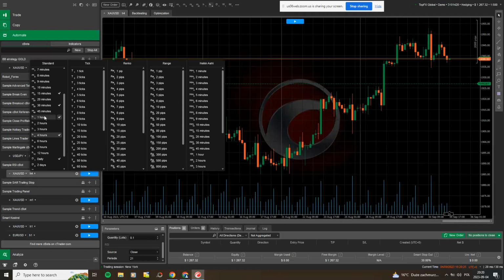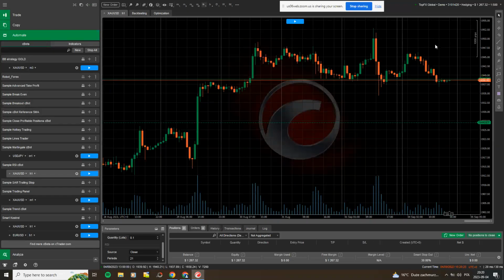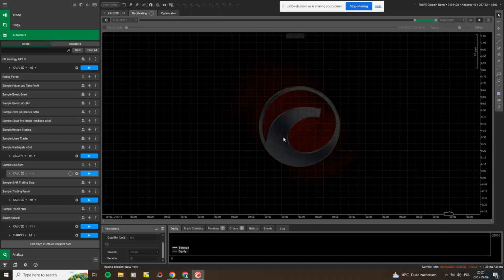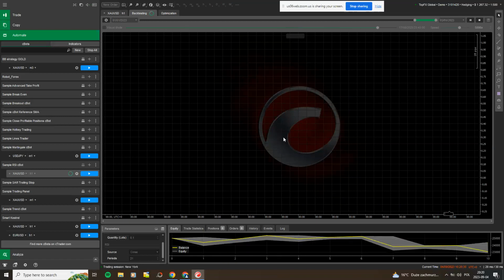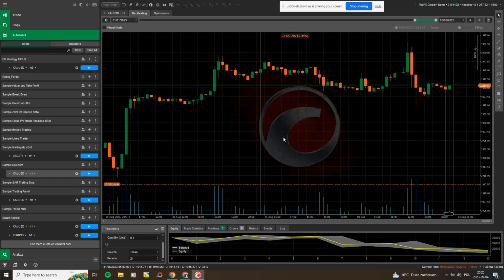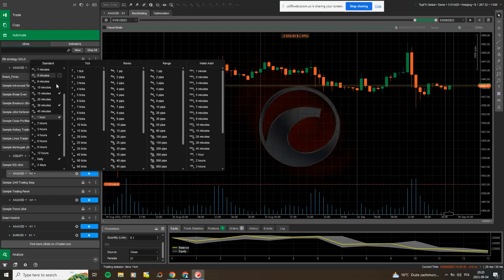Let's switch back to the 1 hour and let's stay with the 1 hour now. So the same situation, 1 hour, but the period is 21. Unfortunately, we got minus 11%. Let's switch then to 1 minute.